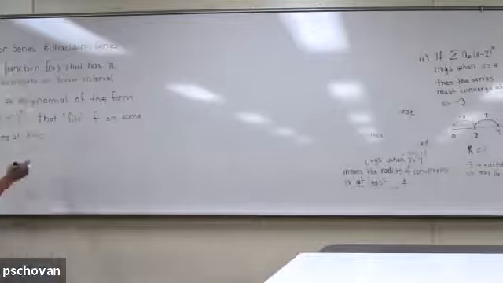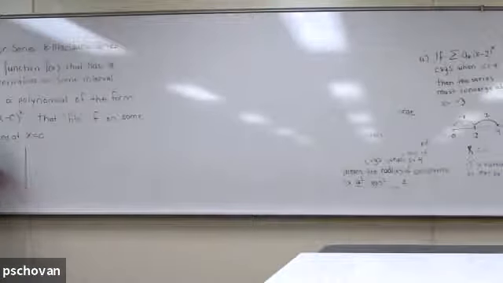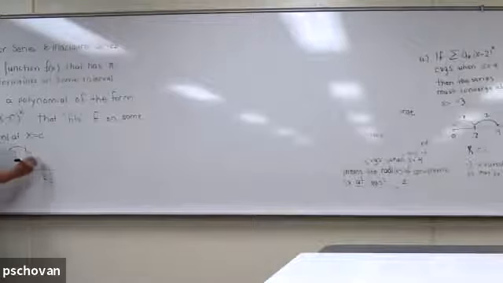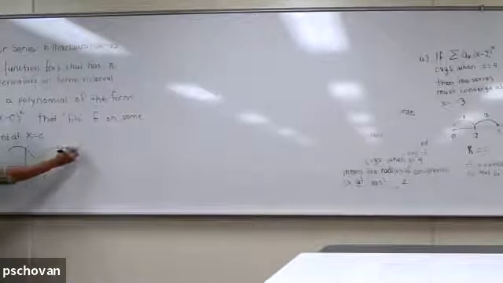So here's what we're looking for. Let me draw in black the graph of f. Let's put x equal to c here, and some function y equal to f of x here.